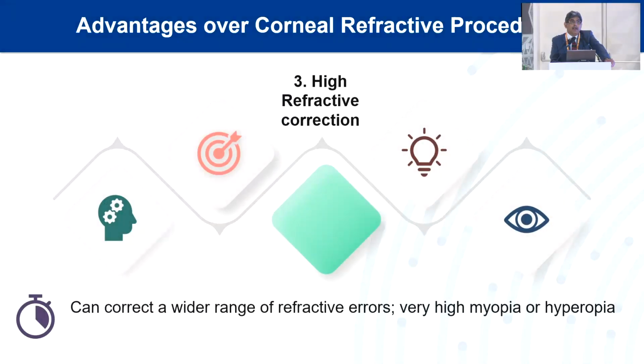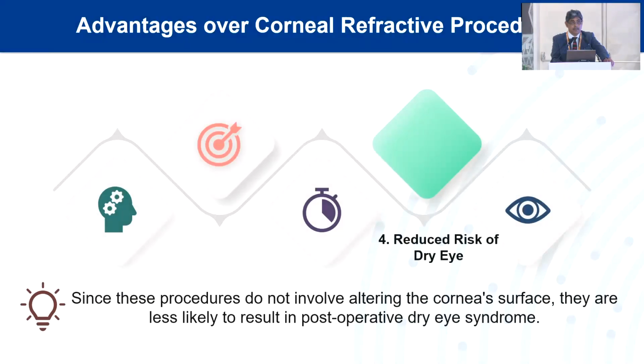And we can correct high refractive errors. With LASIK we can correct up to 6 to 7 or 8 diopters maximally, but here we can correct up to 18 diopters, and with some lenses up to 25, 26 diopters, or maybe we can do bioptics to correct the refractive error. And in hyperopia also, if the anatomy is suitable, then we can do it.